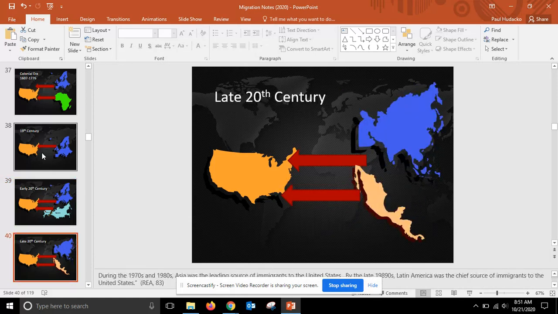And then we get to the fourth wave, the final wave of migration, more contemporary. We're talking about late 20th century to modern, early 21st century. And what we see in this time period is more of a migration trend coming from Asia, as well as regions of Latin America. And that's when we think about many of our migrants today. If they're coming from Asia, they're probably not coming to the East Coast as often.